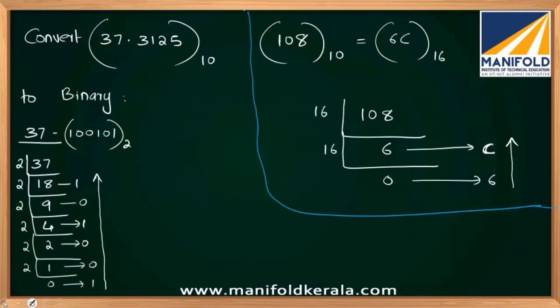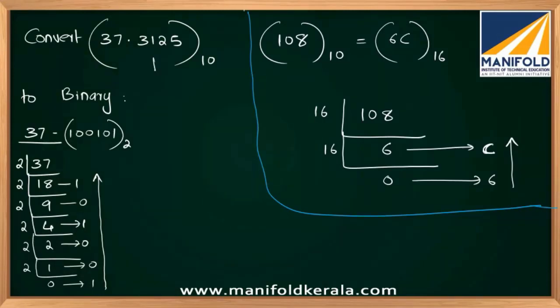So now how will you represent this overall thing? You will write the integer part separately, separated by a binary point. In the decimal system you call it a decimal point; in the binary system you call it a binary point, the fractional point.